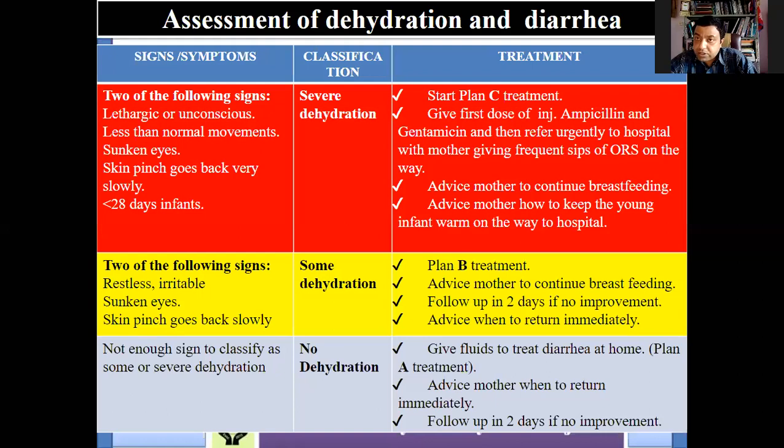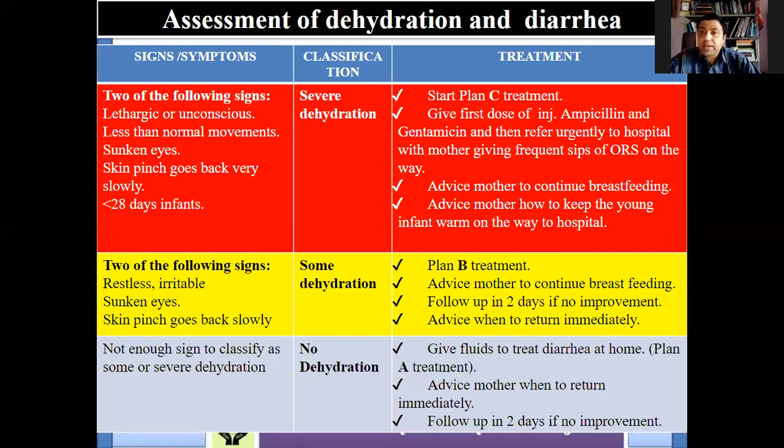Advise the mother to continue breastfeeding if possible.